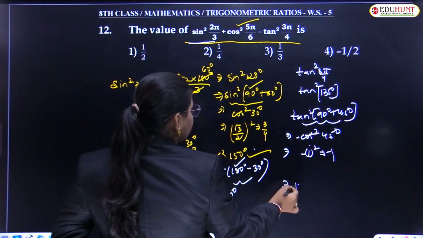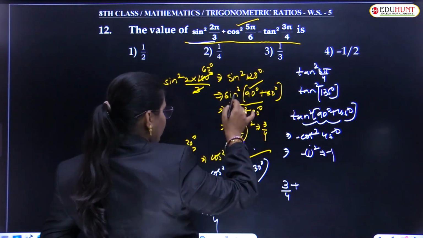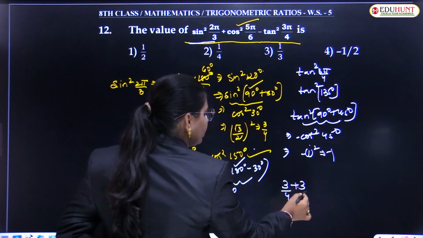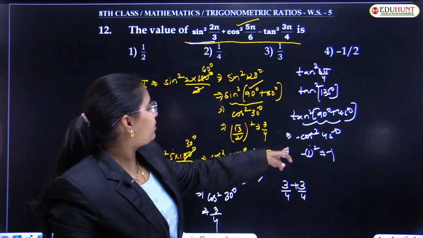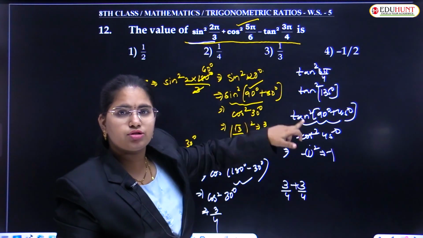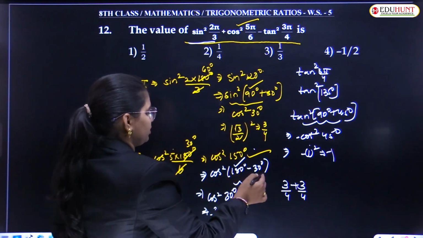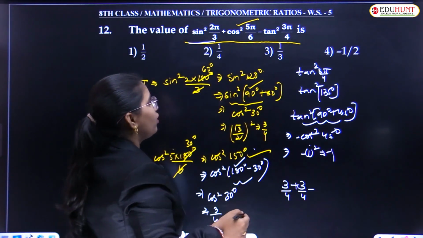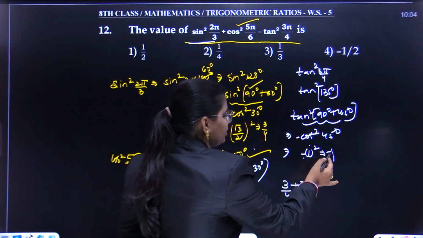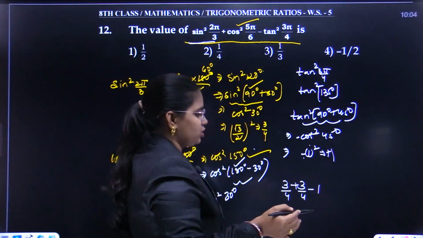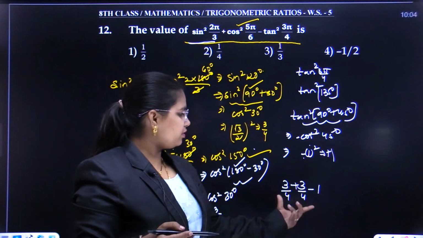Again, plus cos square 5 pi by 6, which is also 3 by 4. Next is minus. What is tan square 3 pi by 4 I got? Minus 1 square is plus 1. So this is minus 1. Correct? Am I clear with this?